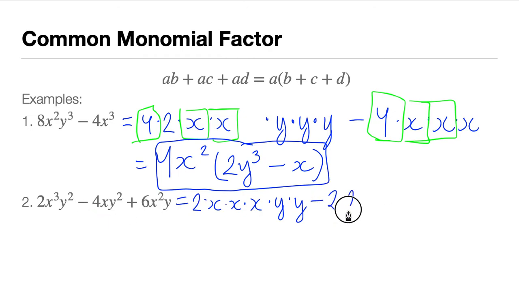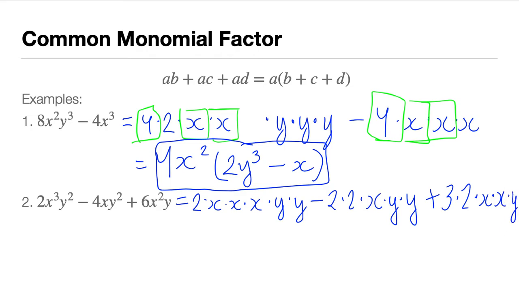So 2 times 2 times x times y times y. Then let's put 6 as 3 times 2, so plus 3 times 2 times x times y. Very good.